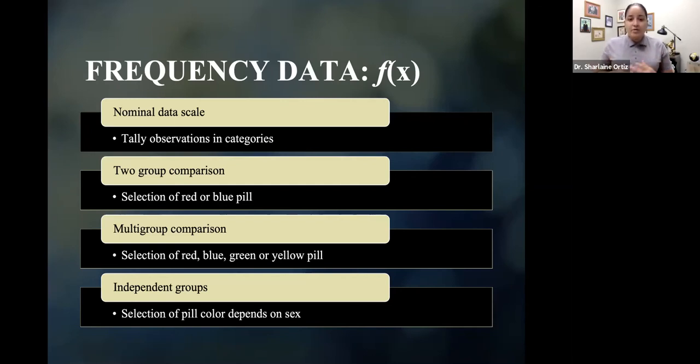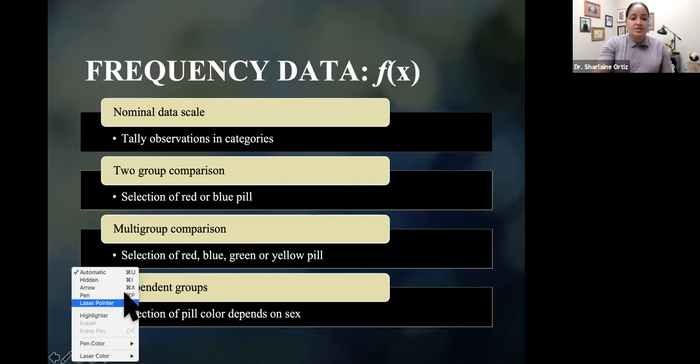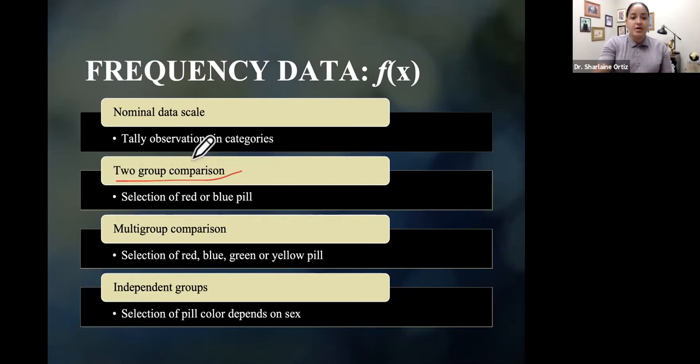Now, one of the ways that we can use frequency data is that it allows for the comparison of different groups. We can think about a two-group comparison, as in the case here. We can also look into multi-group comparison. What do I mean? Let's look at this illustration here.